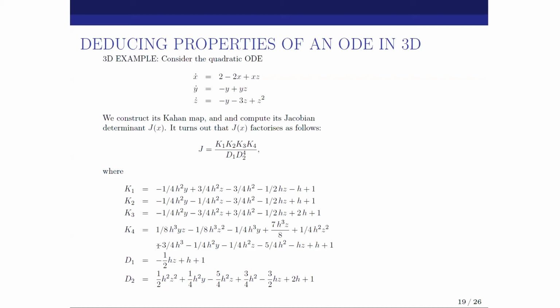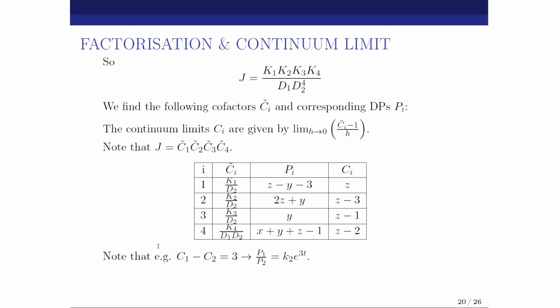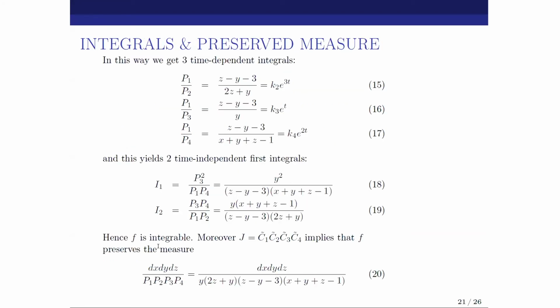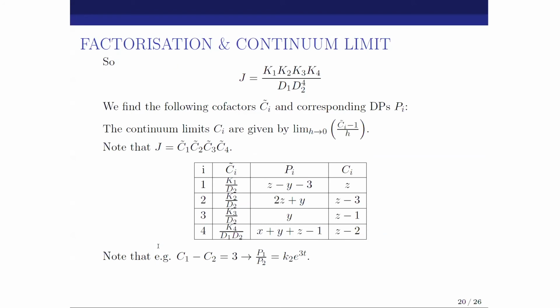So now again, we're going to look at all the various combinations of these. I guess one of them is going to be the Jacobian itself, because you want to know if there's a preserved measure, but also various others. And here is 5. In this table on this slide, in the left-hand column, we have the discrete cofactors.